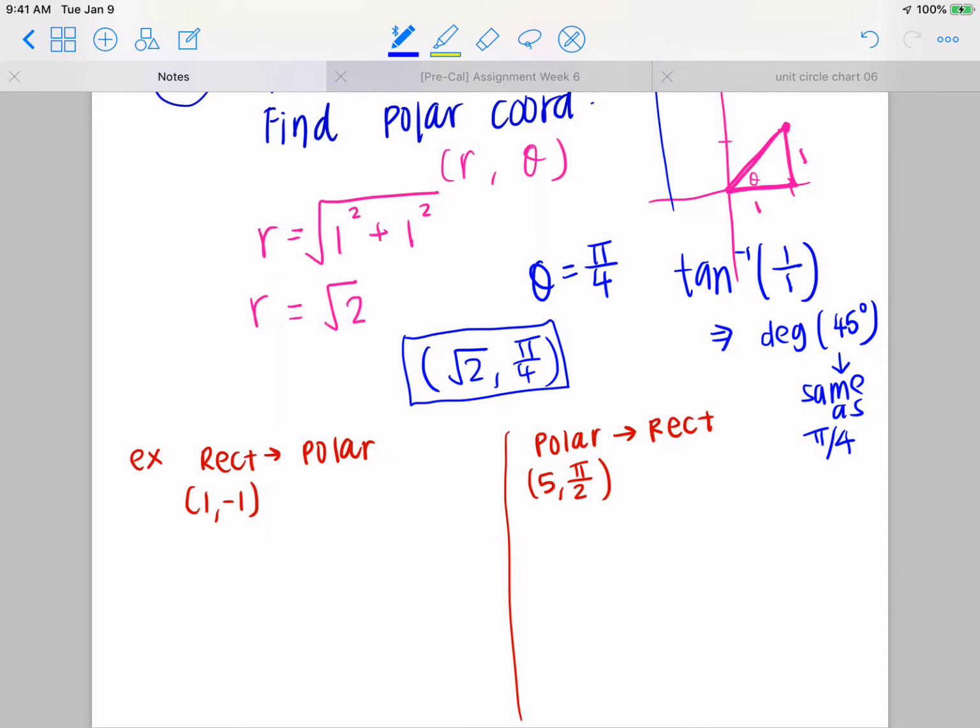Okay, so the first one, 1 comma negative 1, because when we put it in r equals to square root, it would be 1 square plus negative 1 square, which still gives you 2. Okay, so that part doesn't change. But for our picture, 1 comma negative 1, 1 is here, negative 1 is down here. So this is technically where the point is at. So when we draw our picture, it will look like this.